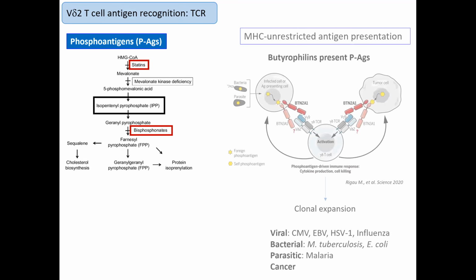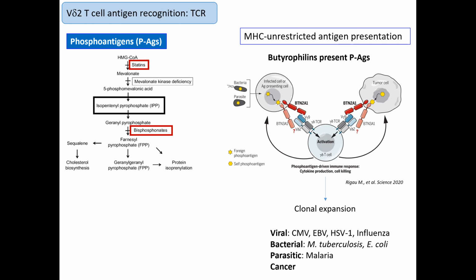So these phosphoantigens are recognized in an MHC unrestricted manner by butyrophilins that present these phosphoantigens to VD2 T cells. So it's not as simple as single recognition by one of these molecules, BTN3A1, but we are learning that these interactions might be more complex than we thought.